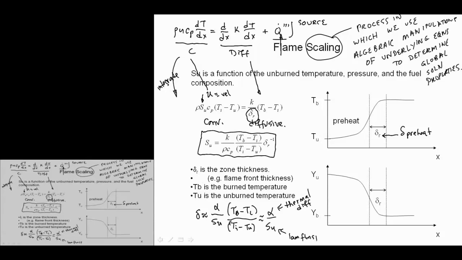So let's just, for fun, play around with some numbers here. This isn't going to be right because we're doing it in constant properties, but let's go through it. Thermal diffusivity at cold conditions, so for air, is 20 times 10 to the minus 6 meters squared per second. The laminar flame speed, as we said before, is about 1/2 meters per second, right?